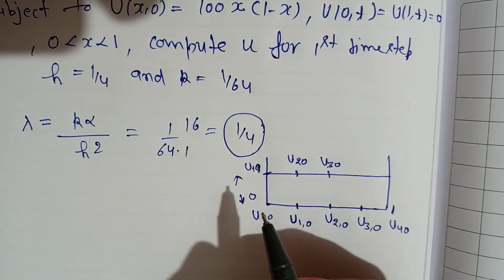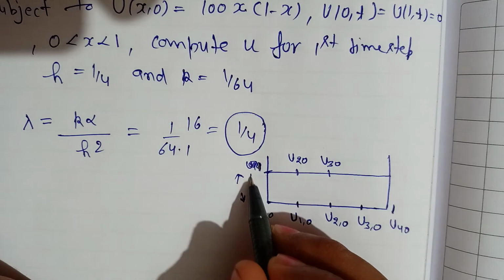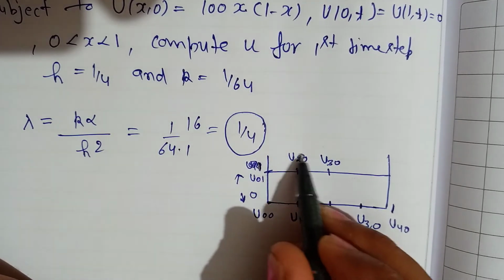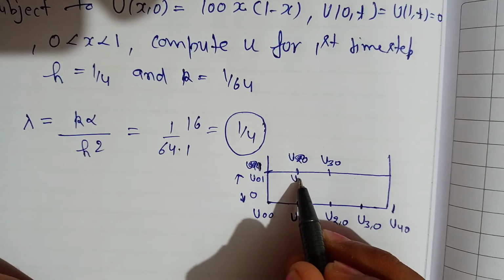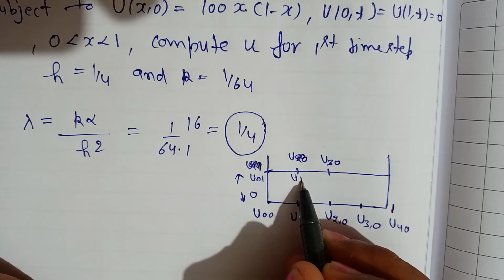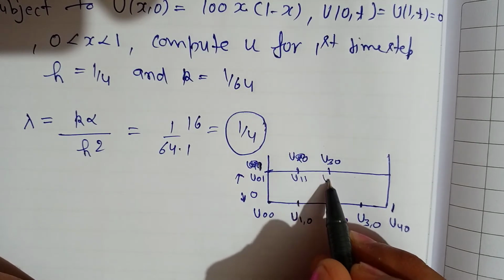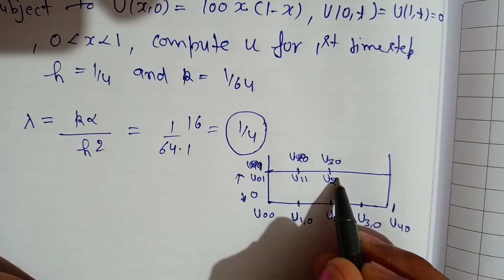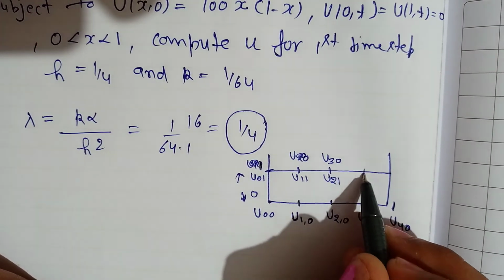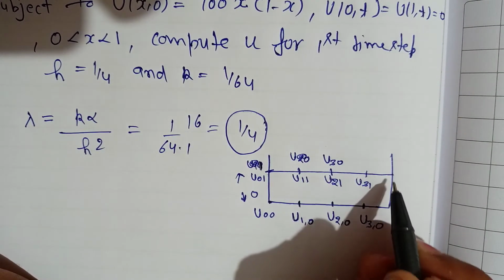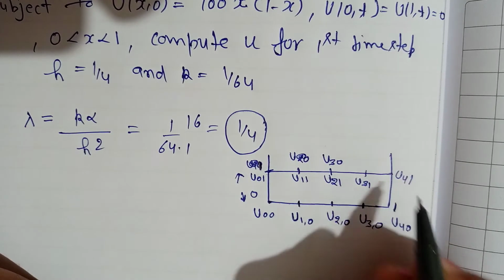Here we have u01, u11, u21, u31, and u41.